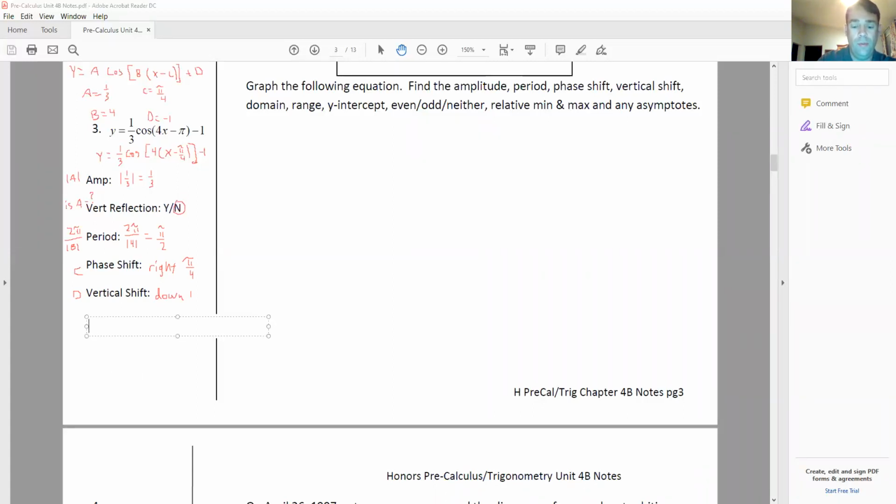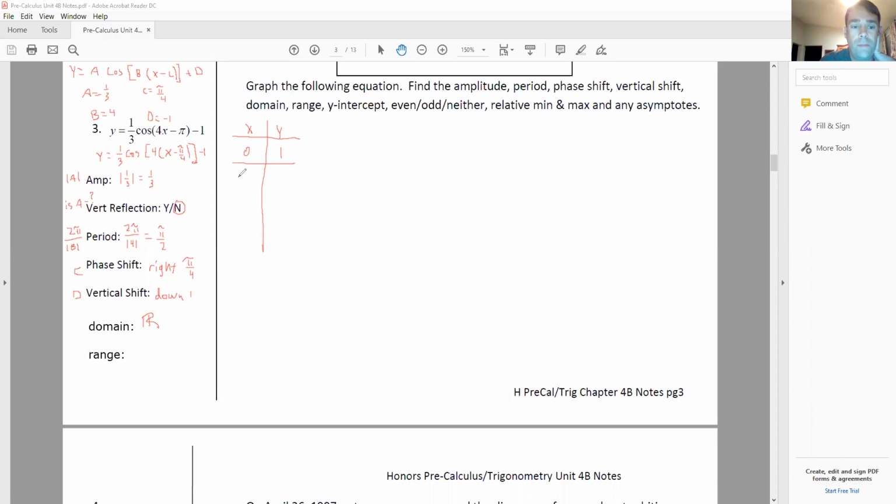And then we have our domain and range. Since it's sine and cosine, the domain is always still going to be all real numbers. The range I don't know about yet until we actually go through and figure it out. So here we go. We actually can do a lot of this before we even get into the problem, which is kind of cool. So instead of 0, 0, now I'm starting at 0, 1.